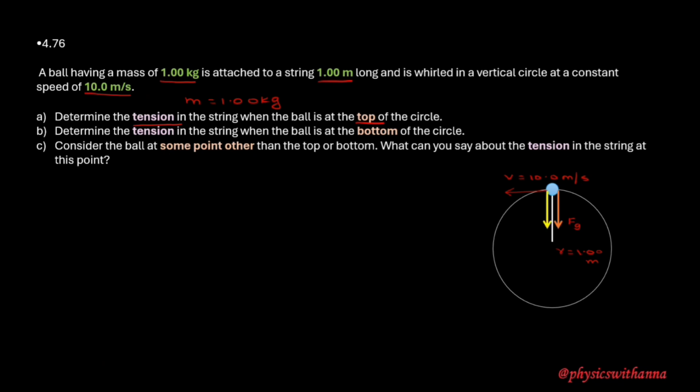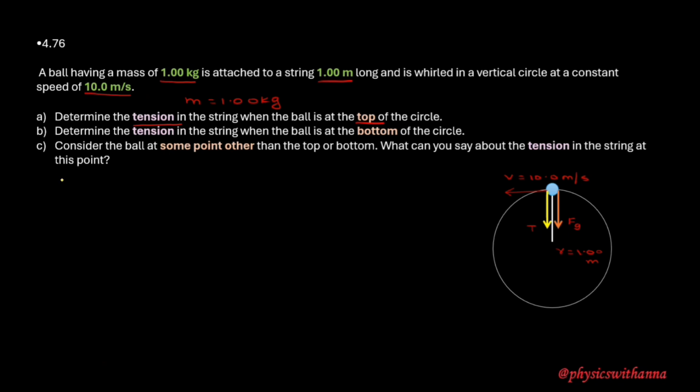Then you have the tension in the string, which we will write as capital T. The tension always points towards the suspension point, which here is pointing down. Since both of these forces are pointing towards the center of the circle, they provide the ball the required centripetal force to continue along the circular path.